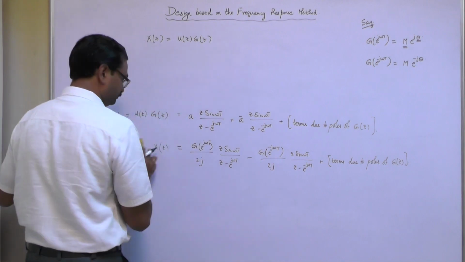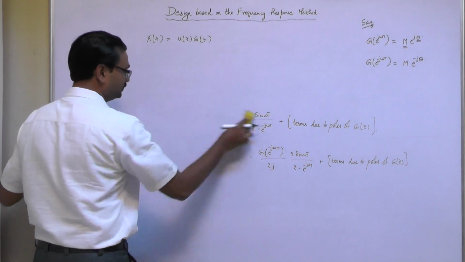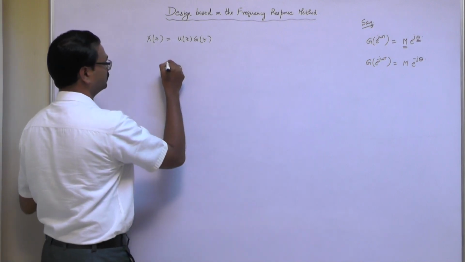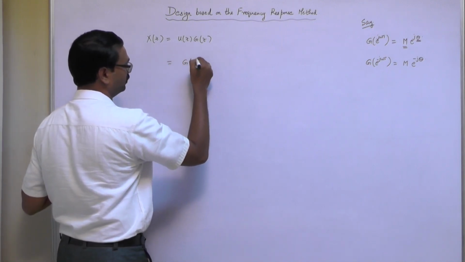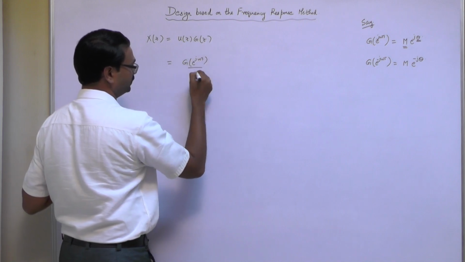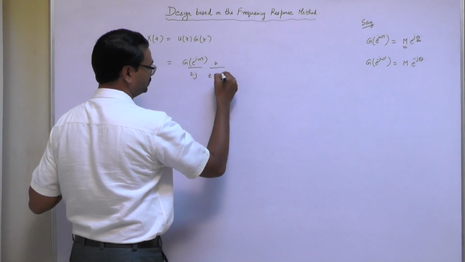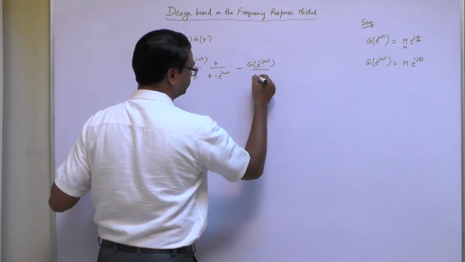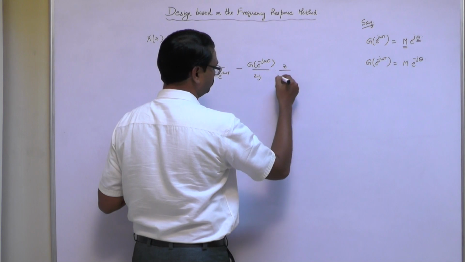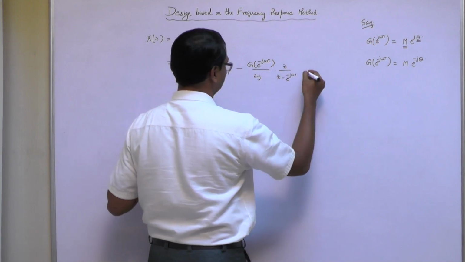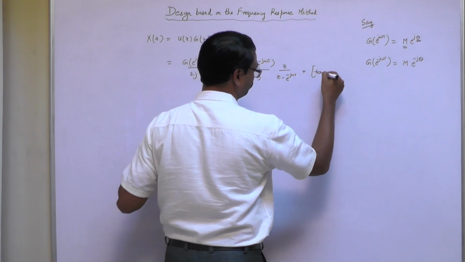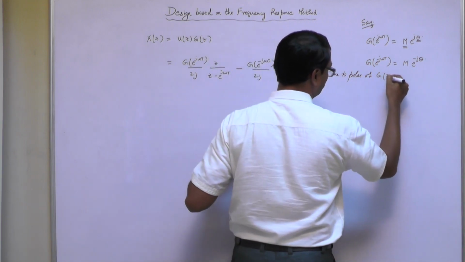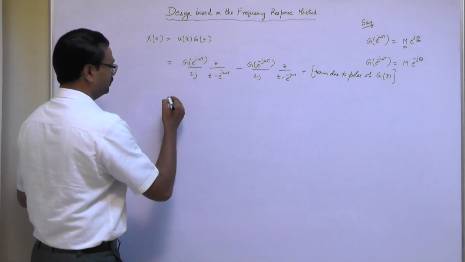Therefore, this is G(e^(jωT)) by 2j into z by z minus e^(jωT), minus G(e^(−jωT)) by 2j into z by z minus e^(−jωT), plus terms due to poles of G(z).